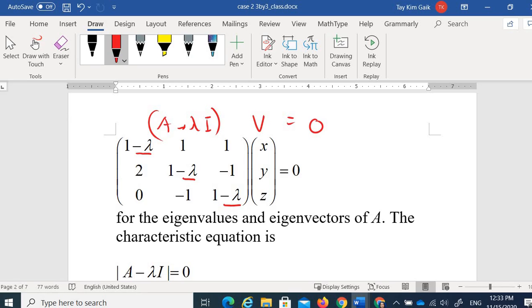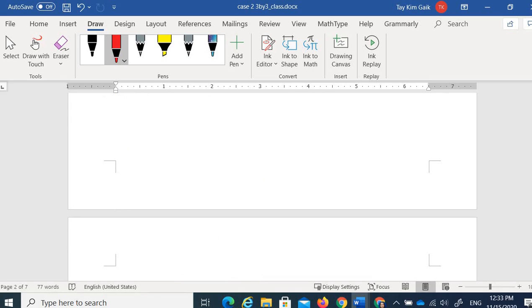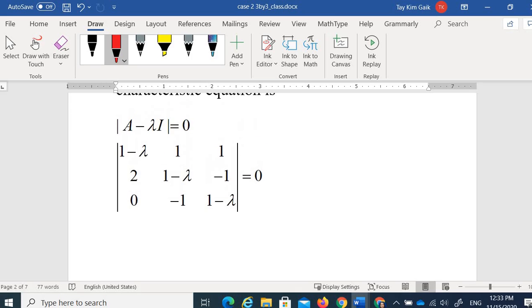To determine the eigenvalue, we let the determinant of A minus lambda I equal to 0. To solve the determinant of a 3 by 3 system, remember in the last class I said you can take any row or any column, and their signs alternate.